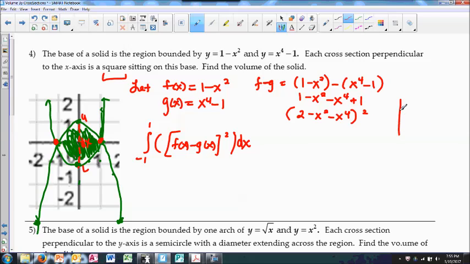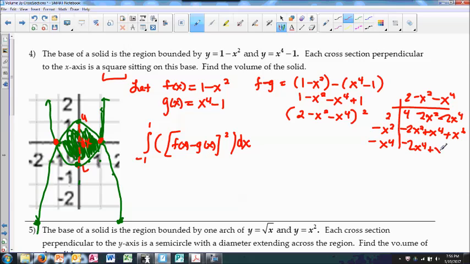So using our table method, 2 minus x squared minus x to the fourth, times 2 minus x squared minus x to the fourth. So I'm going to multiply like using a multiplication table. And the reason I wanted to do this one that it's being even is because what I can do is do the 0 to 1 portion and simply double it.